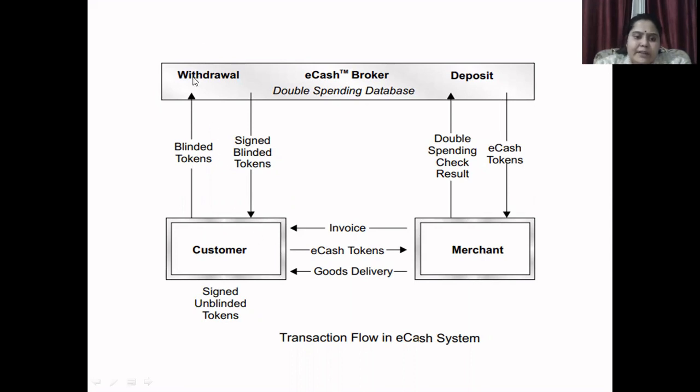The customer, with the blind token withdrawal, goes to the eCash broker, and the eCash broker gives the signed blind token as an acknowledgement. On the other hand, the merchant's double spending check returns results, acknowledged with the eCash token.